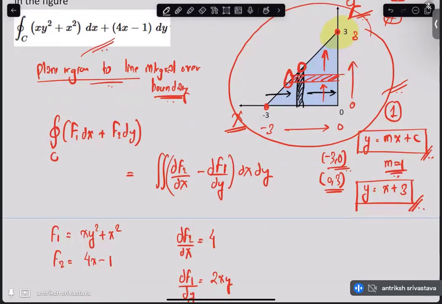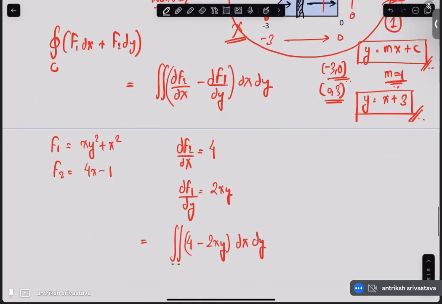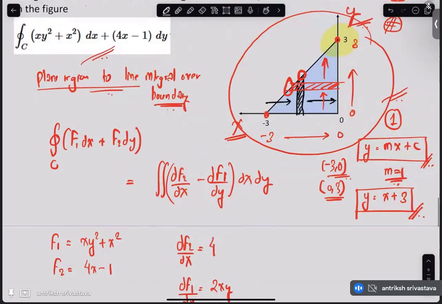Now that we know this, let me erase this first. Let me choose a strip along the y-axis. This is going to be my strip. It is going to go from y equal to 0 to y equal to x plus 3.